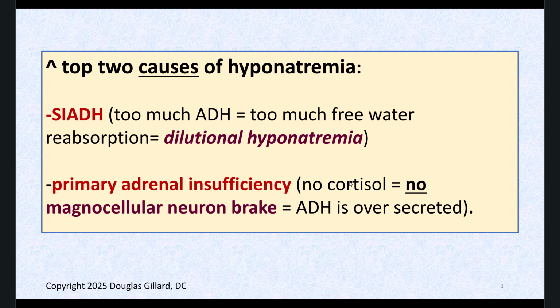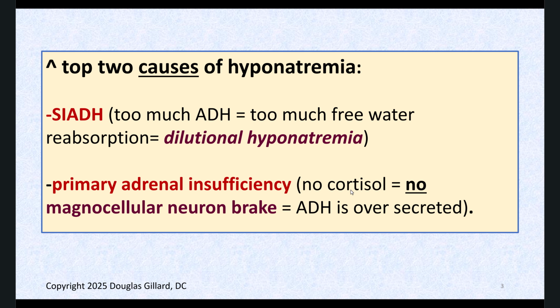If you take off that brake in a condition that destroys glomerulosa cells in the adrenal gland, remember, glomerulosa cells secrete aldosterone. One more layer down, fasciculata cells, right? GFR: glomerulosa cells, fasciculata cells, reticularis cells.